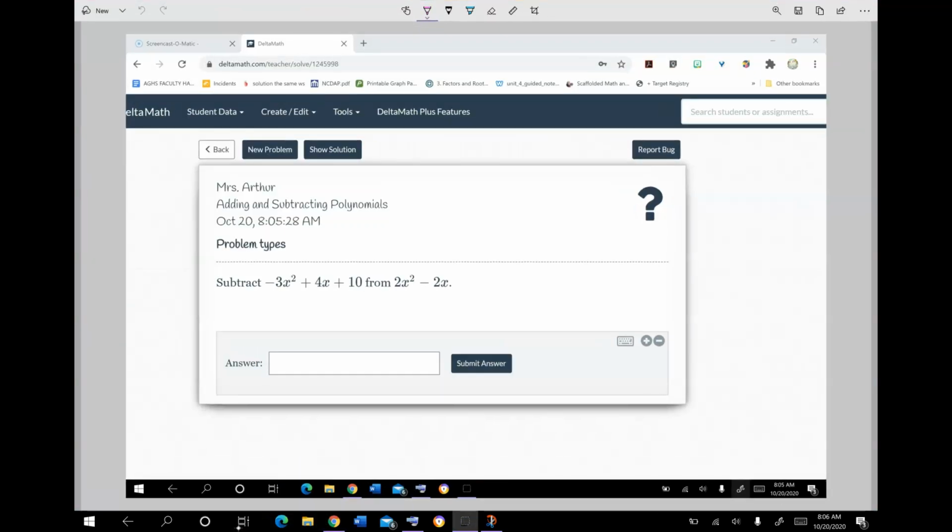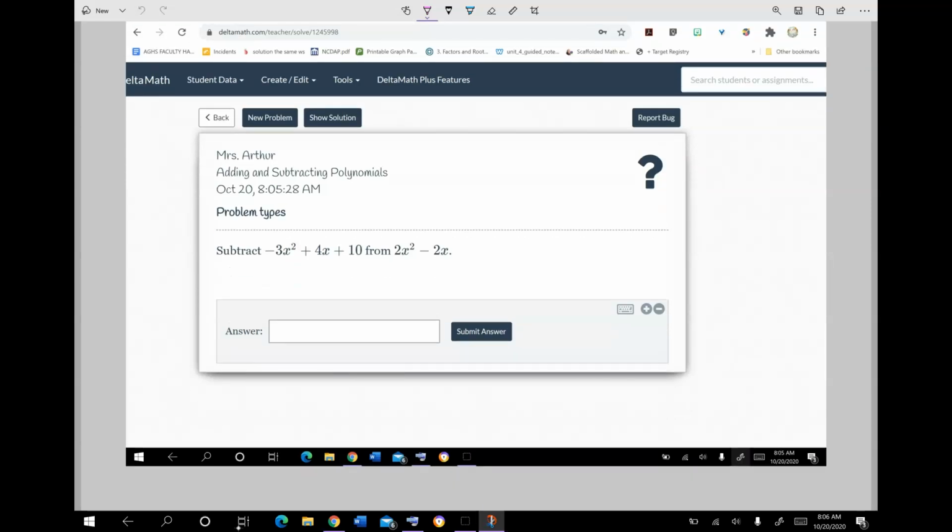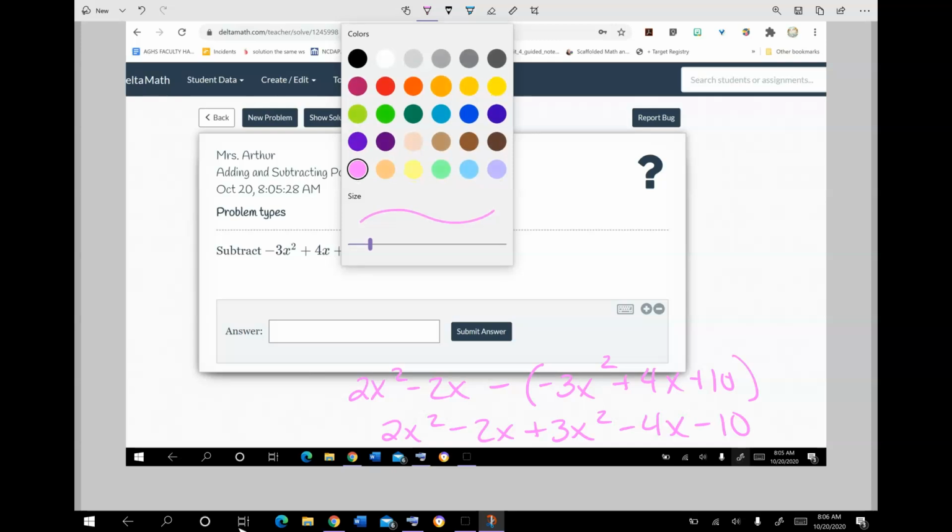So I'm going to subtract this from that. You're going to say 2x squared minus 2x minus parentheses. Okay, you have to be careful and read it, all right? So I'm going to distribute that negative, and when I distribute that negative, I get plus 3x squared minus 4x minus 10. Combine your like terms, okay?